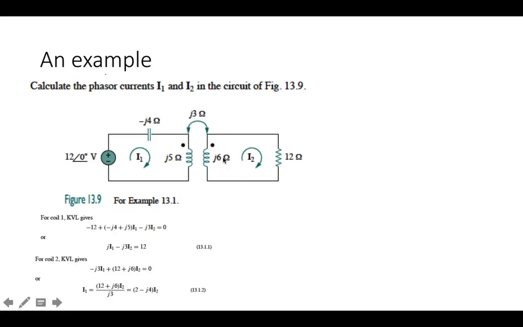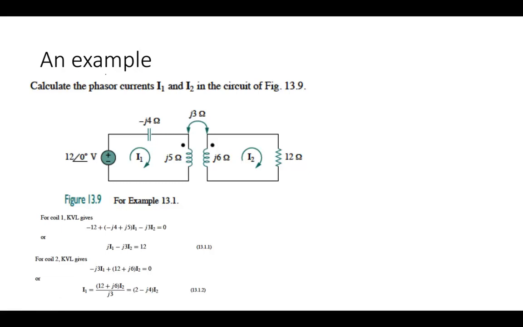Without the coupling, summing voltage drops, I would have a J6I2 and a 12I2 summed together in the equation. However, I need to incorporate the mutual term. So I1 goes into the dot here, which means the mutual term will be a plus at the dot on the right-hand side of the circuit.